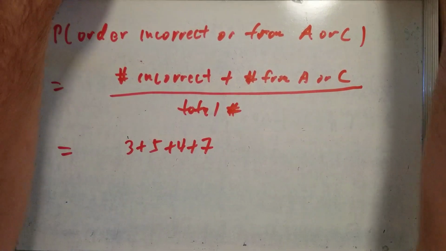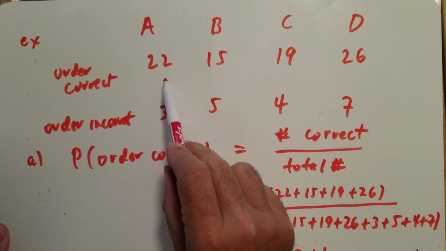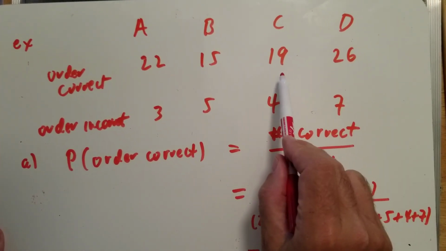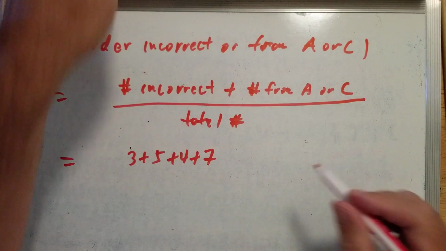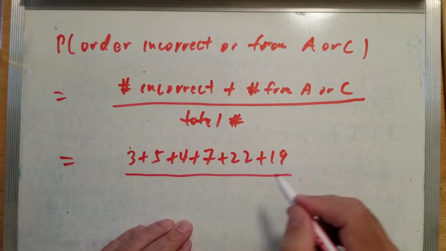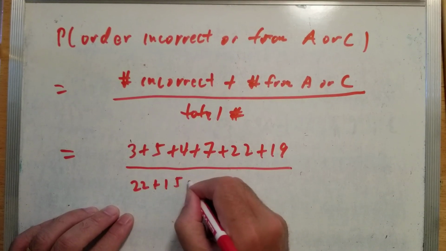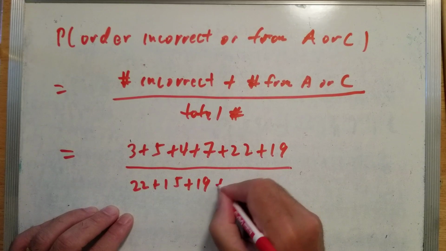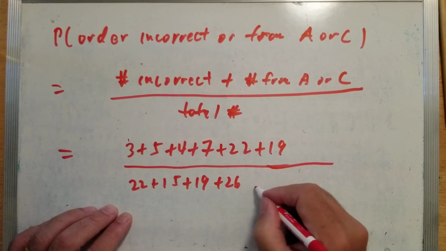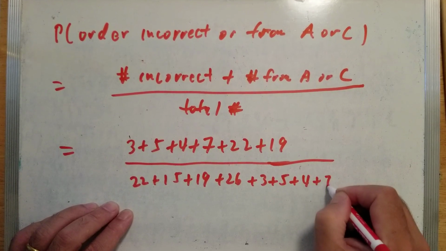And then from A or C, we have to include the correct orders from A, which is 22, and the correct orders from C, which is 19. Plus 22 plus 19, and then divided by the total again: 22 plus 15 plus 19 plus 26 plus 3 plus 5 plus 4 plus 7.